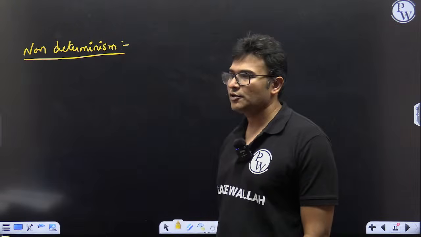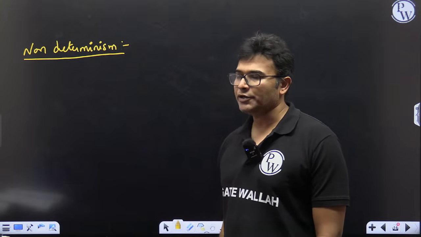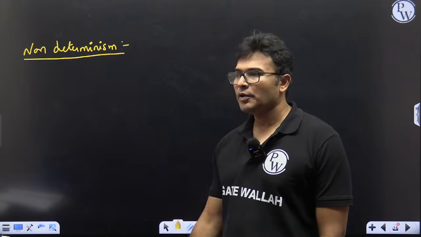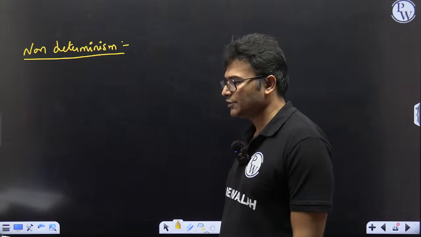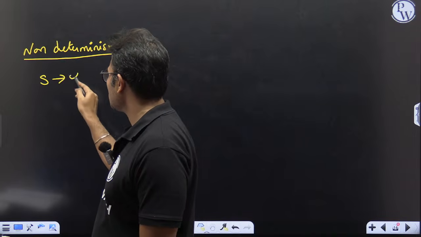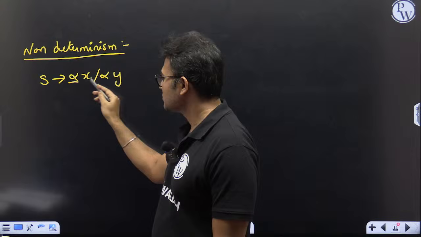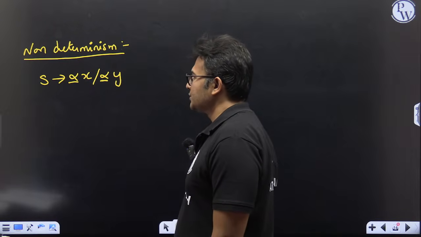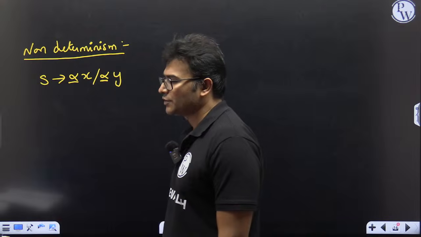If a variable has two or more productions on the right hand side, and if they have common prefixes, then they are called non-deterministic grammars. For example, if I have a grammar like this, S derives alpha x or alpha y, there is a common prefix. This is called non-deterministic.